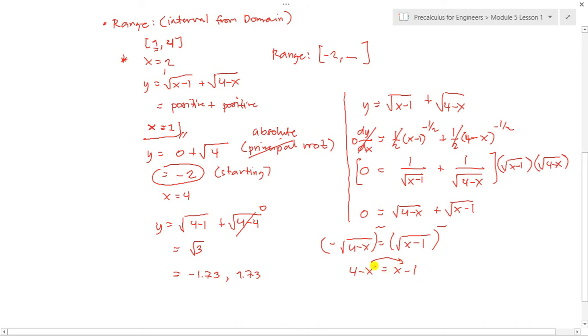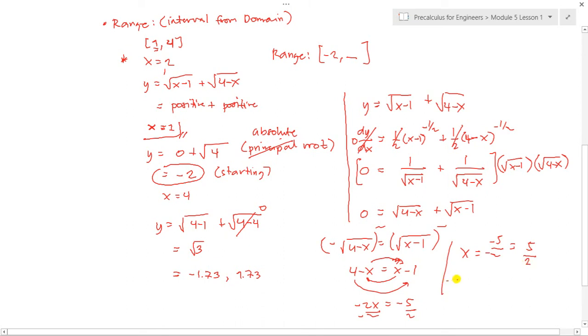So we are going to transpose, and then we have negative 2x, right? Because negative x and then this positive will become negative, so we have negative 2x. Then this one, negative 1 minus 4, that is negative 5. Divide both sides by negative 2, so we now have x is equal to negative 5 over negative 2, or that is 5 halves.